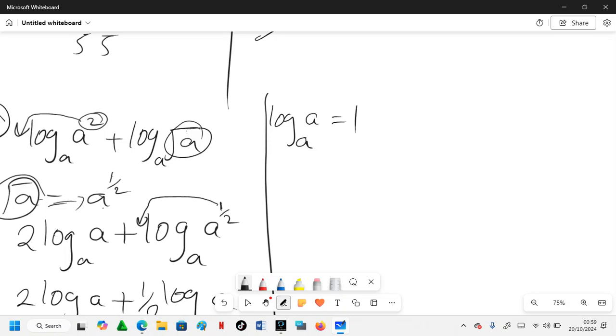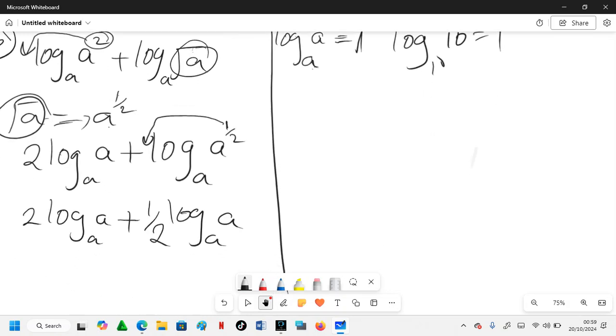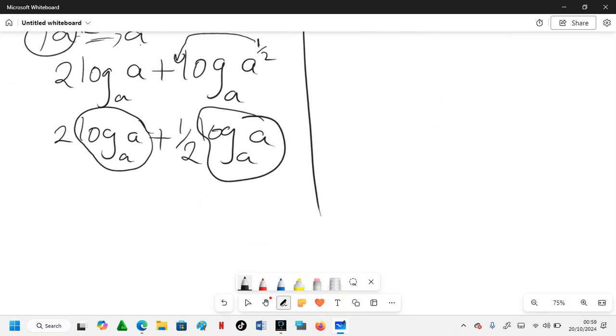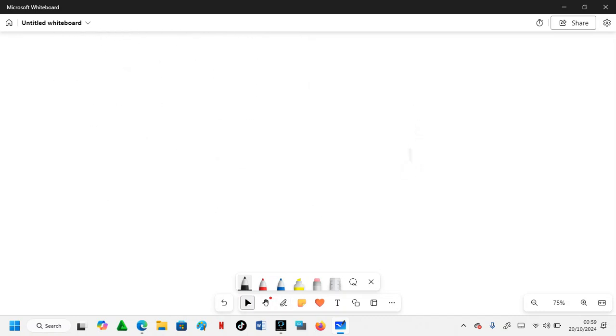A log of this number to the same base is equal to 1. I gave an example of a log to base 10 of 10. I said it's equal to 1, okay? So this one is going to be 1 and this one is going to be 1. So we are going to be left with 2 times 1 plus a half times 1. So the answer is going to be 2 and a half.